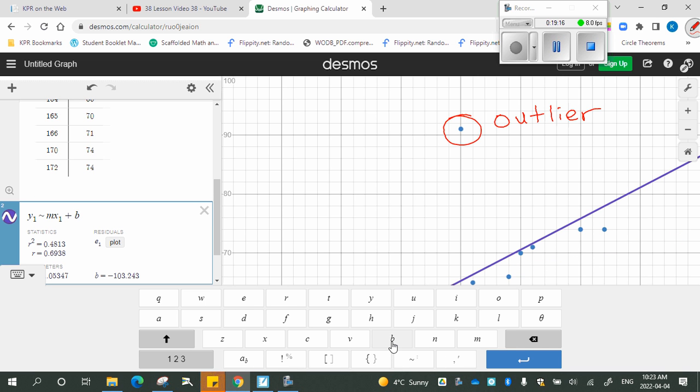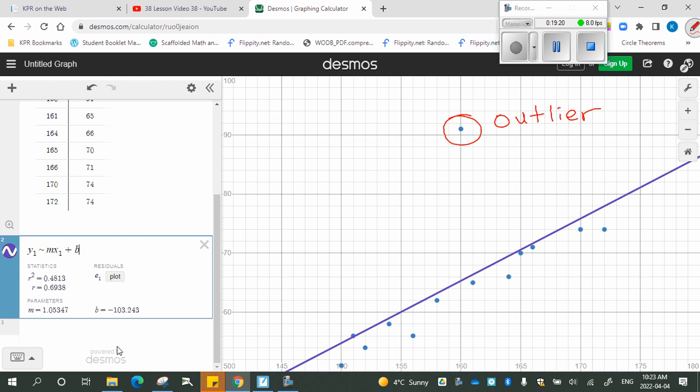And then once you've typed that in, it tells you the equation of the line. Okay, so there's a couple of things I want to show you here. It's telling you right now the slope of the line is 1.05 and the b value is negative 103.243. But what's our correlation coefficient?